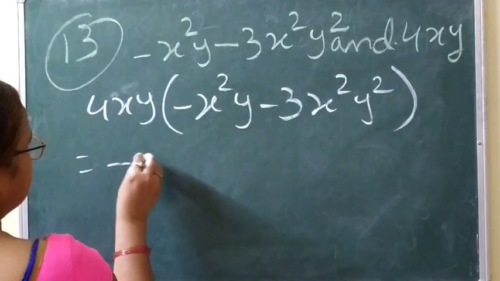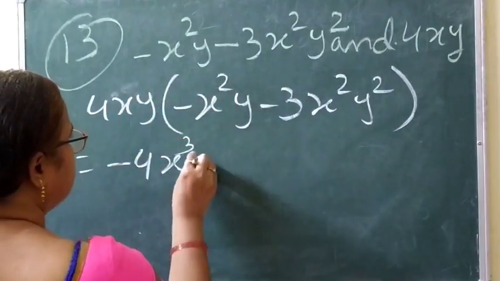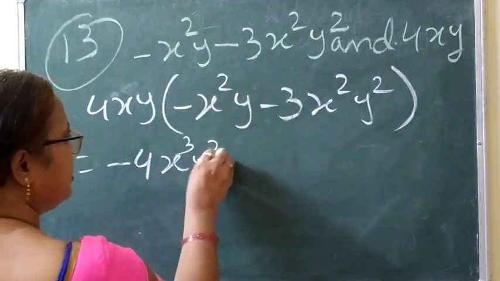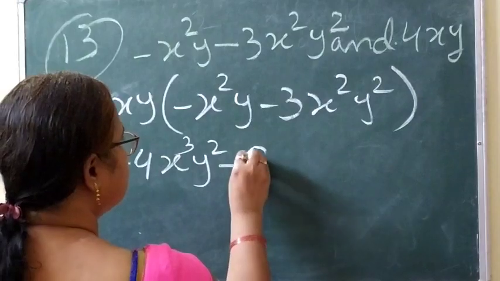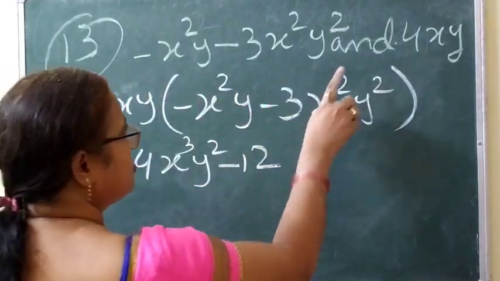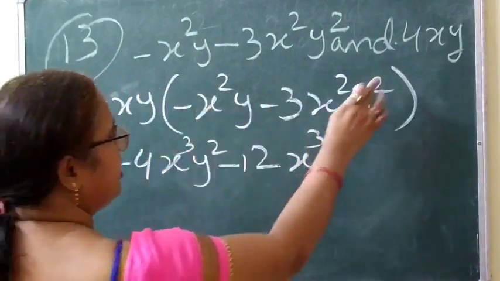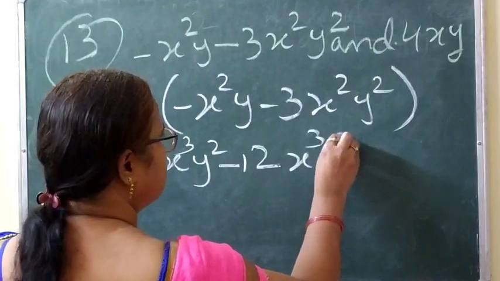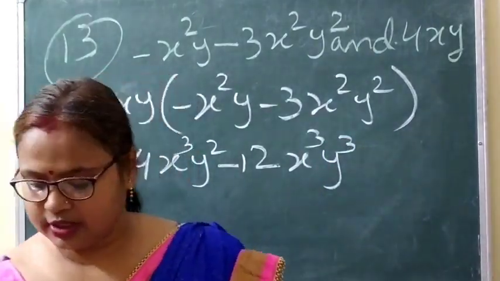Plus into minus, minus 4x. 1 here, 2 here, so 3. Then y, 1 here, 1 here, so here is 2. Then minus 3, 4 3s are 12. Clear? 12. Then x 1 here, x 2 here, so x to the power 3. Y 1 here, y 2 here, so y to the power 2 plus 1, 3. And this is the answer. Now, next question.